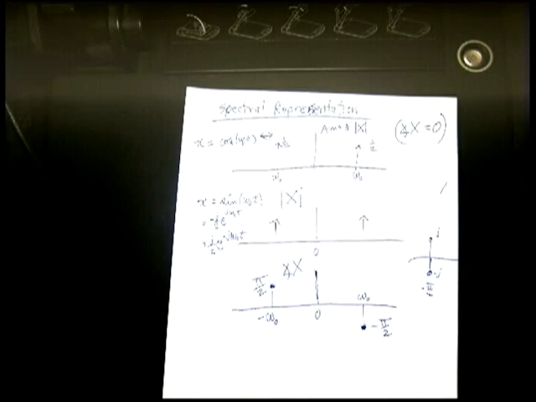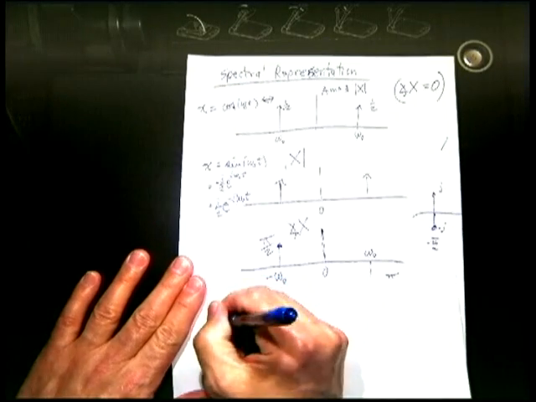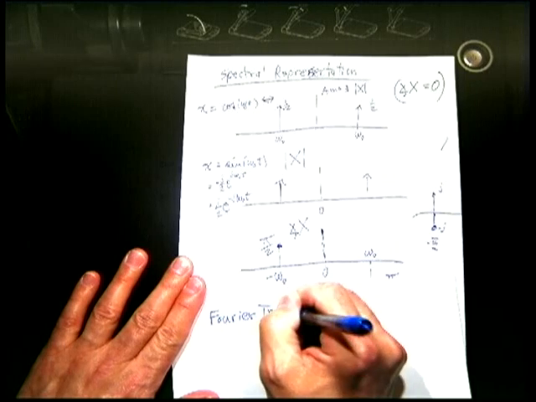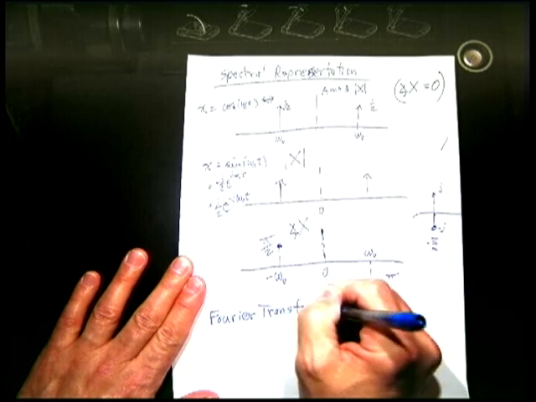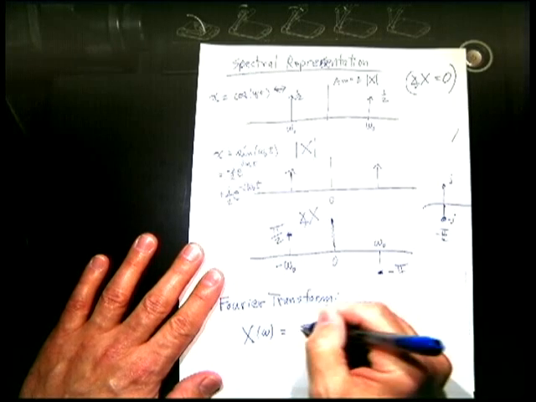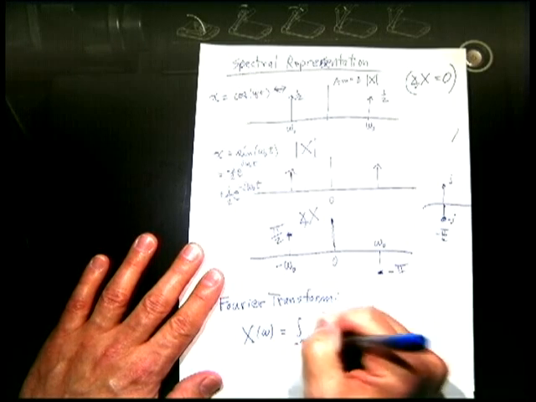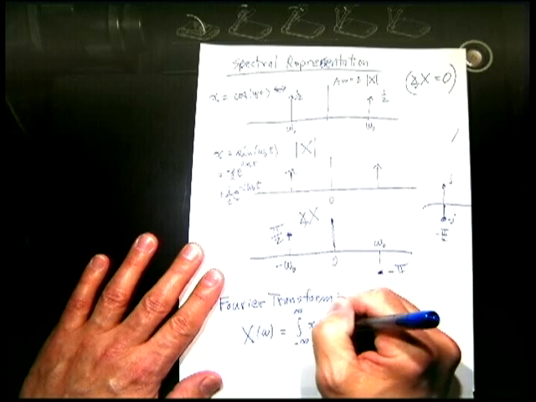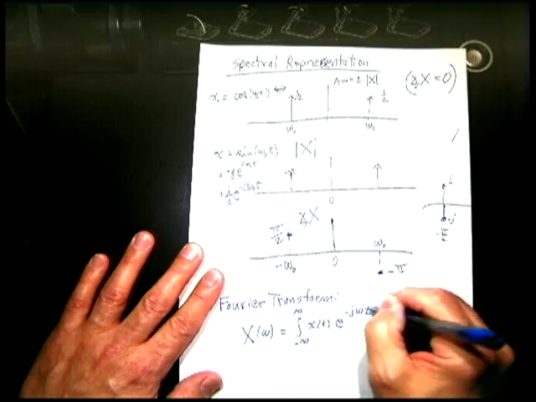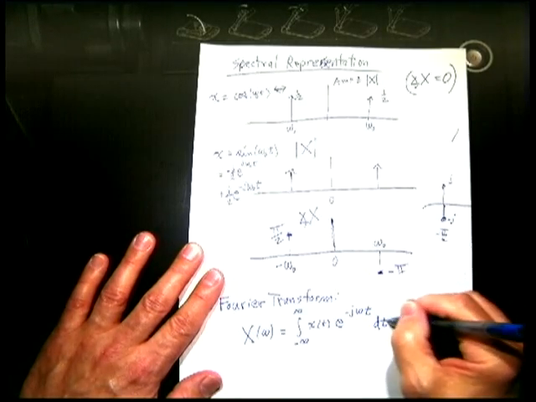Let me not touch that page with this, but on a new page, say that the Fourier transform, you can sort of see it from the definition. If we were to go to the continuous time Fourier transform, it would be that capital X of omega equals the integral from minus infinity to infinity of the time domain signal x times e to the minus j omega t. And now everything is continuous.